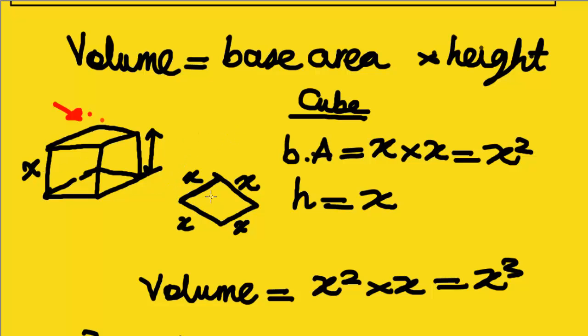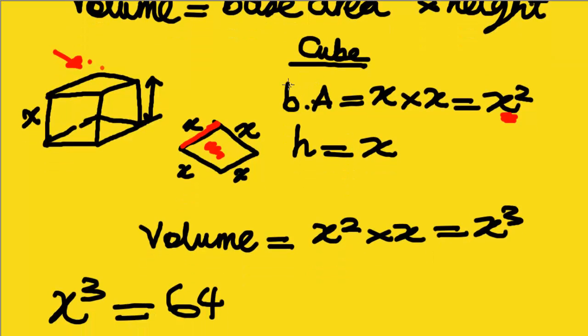Therefore, the base area has all sides equal to x, and the area of a square is length times breadth. So this is a square, by the way. Area of a square is length times breadth, so that's x times x, which is x squared. And the height is also x because it's a cube. All the sides have the same length. So base area times height gives x cubed, which is the volume.